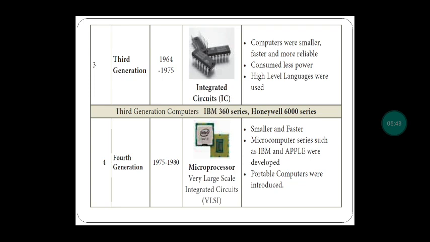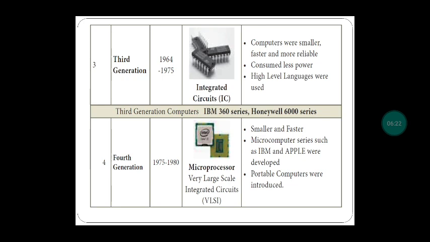Third generation computers are smaller, faster, more reliable, and consume less power. In this generation, high level language was introduced. First generation had only machine level language, second generation had machine level as well as assembly language, and third generation used high level language. The examples are the IBM 360 series and Honeywell 6000 series.